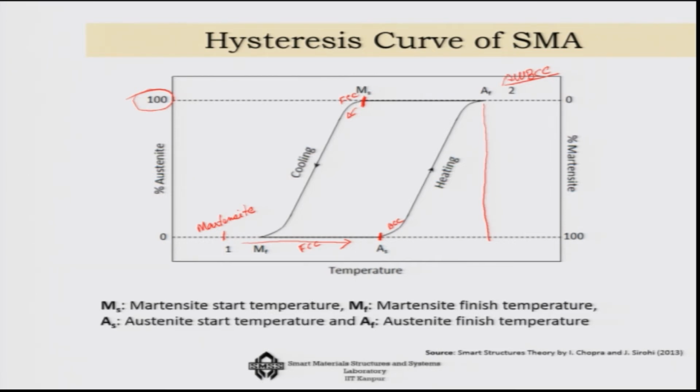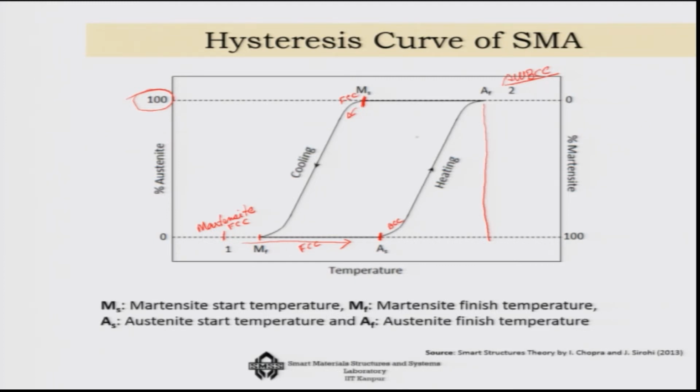As I reduce the temperature further, it will reach a point where martensite finish, MF, will come, and it will complete this, and it will be completely martensite with a completely FCC structure. So, that is the temperature dependent behavior. Now, look at it: MS and MF are not coming at the same point, neither are AS and AF.